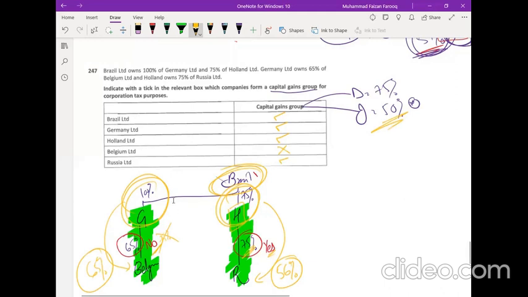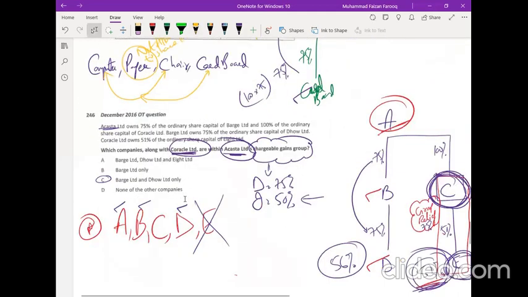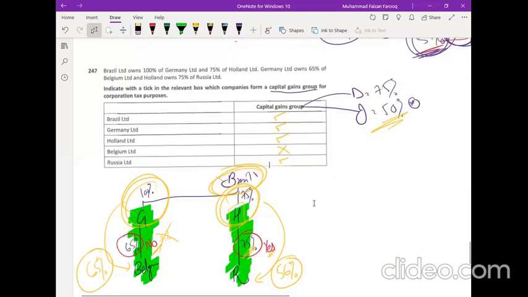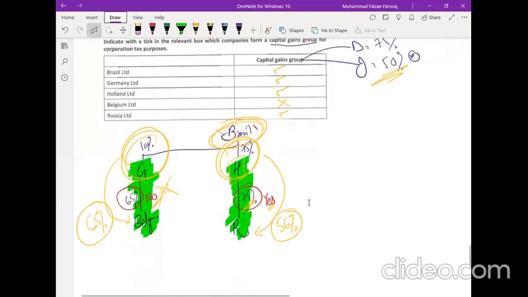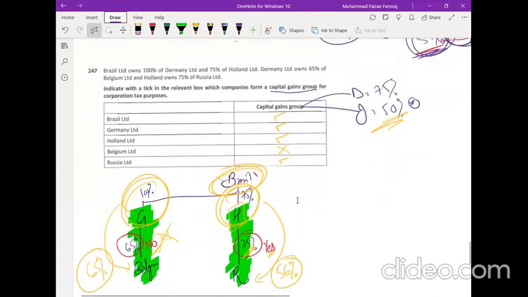This is a practice question of the concept which we learned, from the December 2016 question in the revision kit. Please note it down and ask me if you have any confusion.